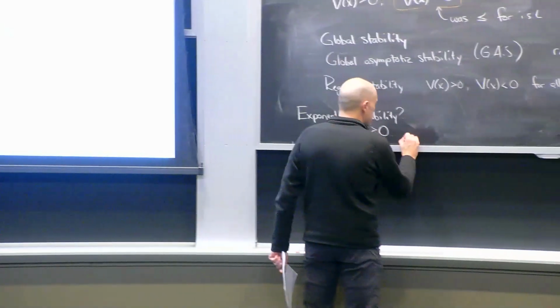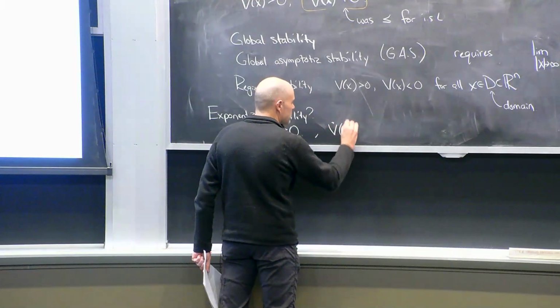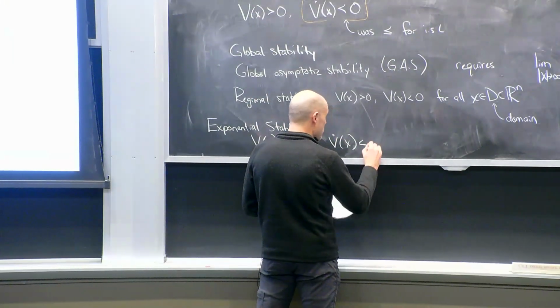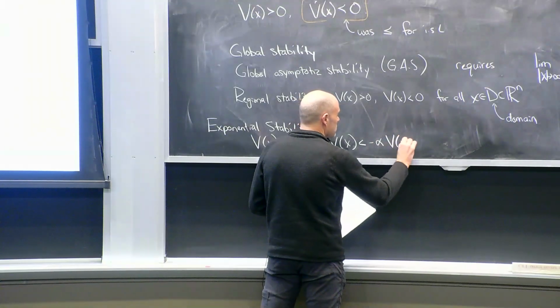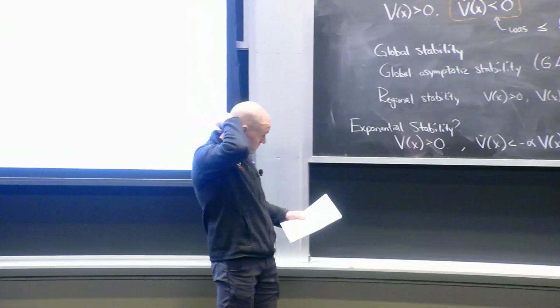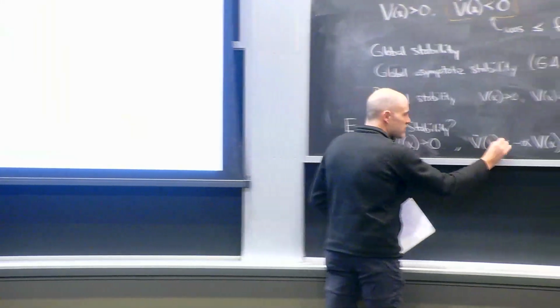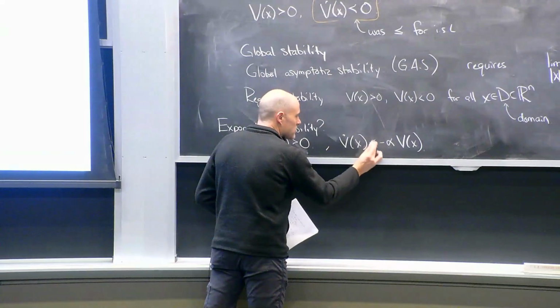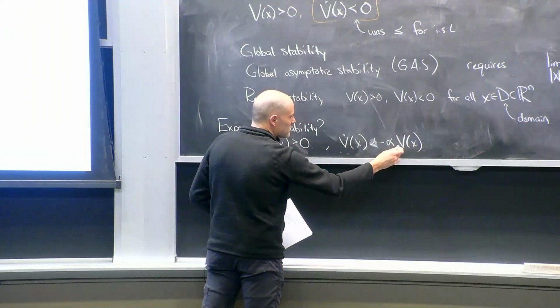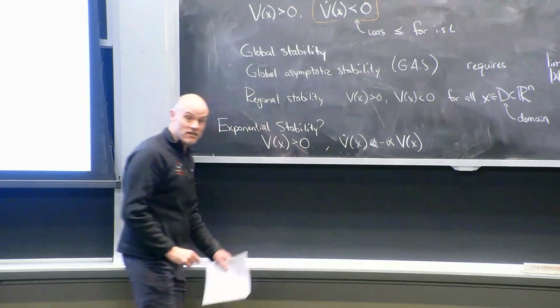It turns out the right thing to do is to have a relative bound like this. This is still in the sense of a positive definite function. I could say that v dot plus alpha v of x is a negative definite function.